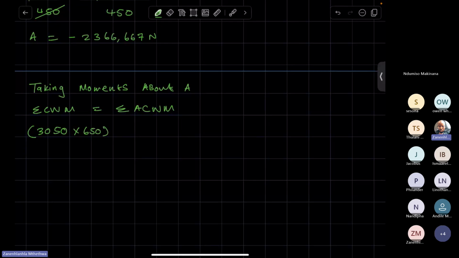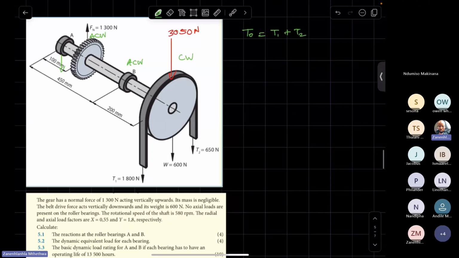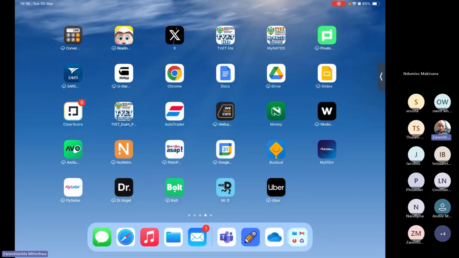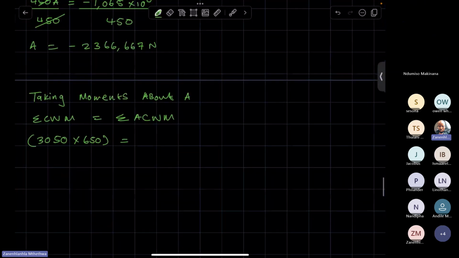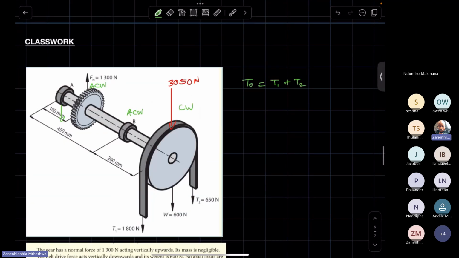That's the only clockwise turning moment. Now the anti-clockwise: you have the normal force, which is 1,300, times the distance between the gear wheel and the bearing A, which is 100.